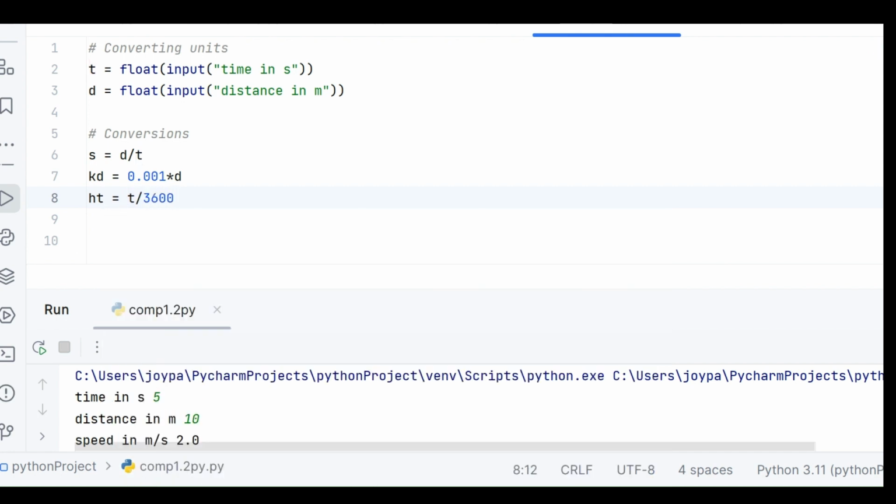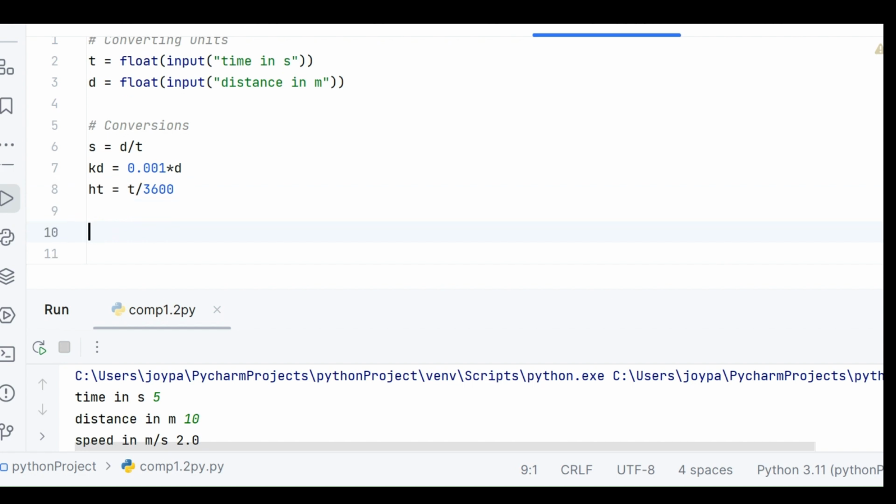So why is it divide? Well, similar reason to the kilometers, although we didn't divide by 1,000, we multiplied by 0.001. If I've got time as 3,600 seconds, we know that's 1 hour. So 3,600 divided by 3,600 will give us 1, so 1 hour.